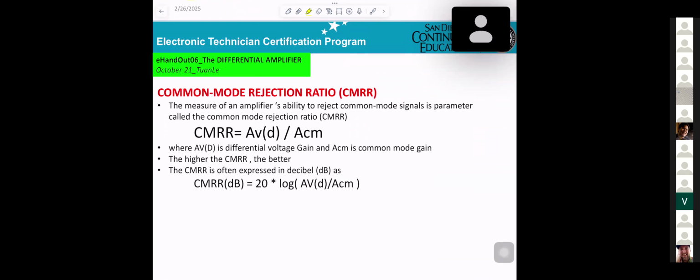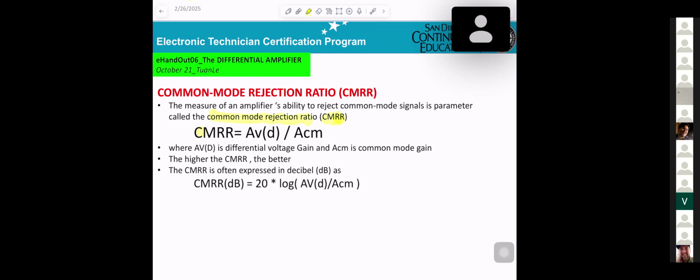Common mode rejection ratio, CMRR. The measure of the amplifier's ability to reject common mode signal is a parameter called common mode rejection ratio, CMRR.